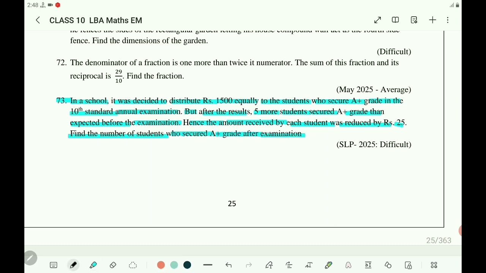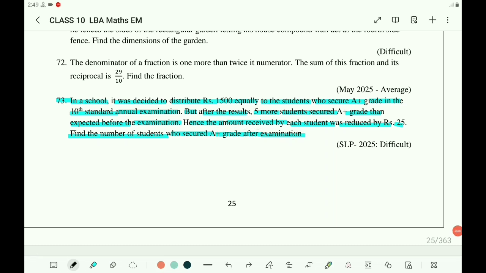Here, let us consider x is the number of students who secure A plus grade in the examination.